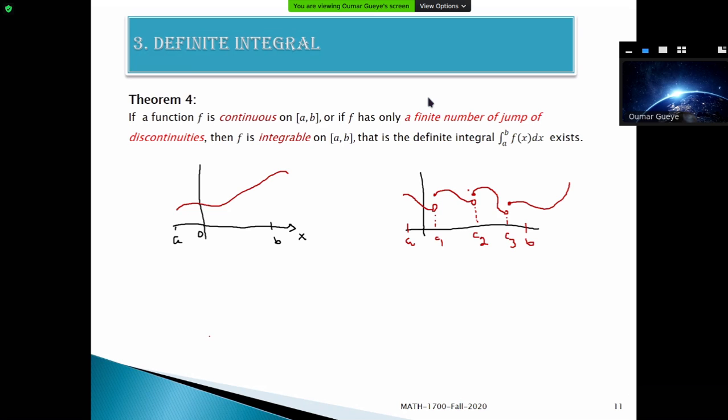You have to check the two breakpoints to see if the function is continuous or not. It depends on the kind of function that you have. So for a piecewise function, you have to check just the breakpoints, which means the points where the equation of the function changes. Is it okay?